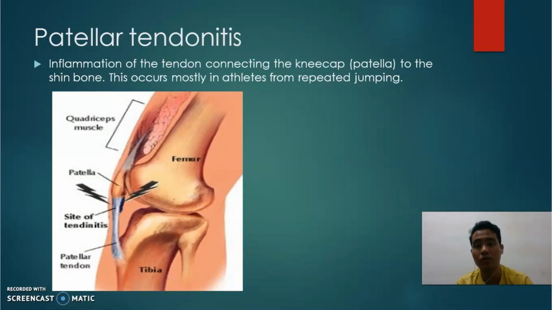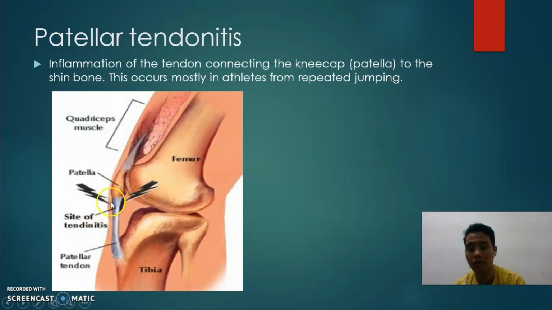Okay, patellar tendonitis. Patellar tendonitis is the inflammation of the tendon connecting the kneecap, patella, to the shin bone. This occurs mostly in athletes from sitting, jumping. So you can see this is the side of the tendinitis.